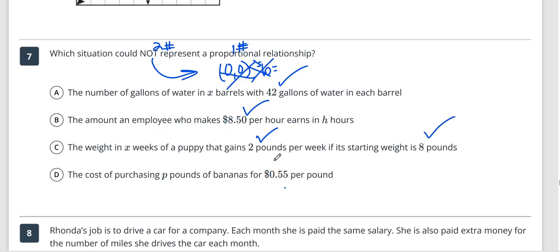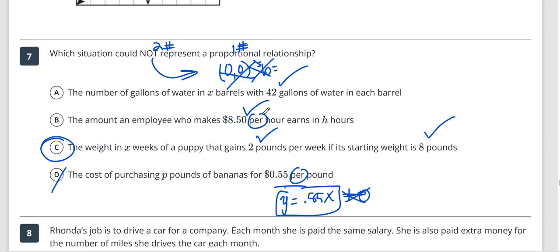Now, if you look at this real quick, this is my answer, definitely, 100%, I feel very comfortable. This right here is like y equals 0.55x. So obviously that's proportional, because there's a plus 0 over here that we don't write. Proportional.